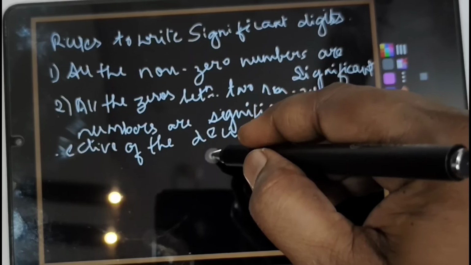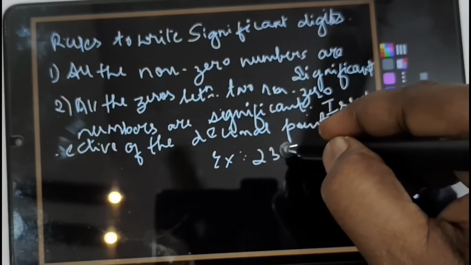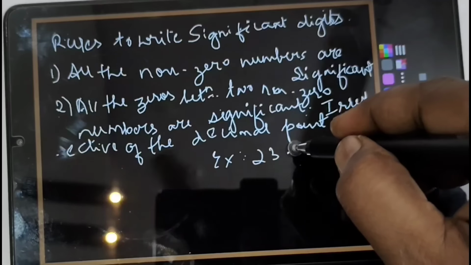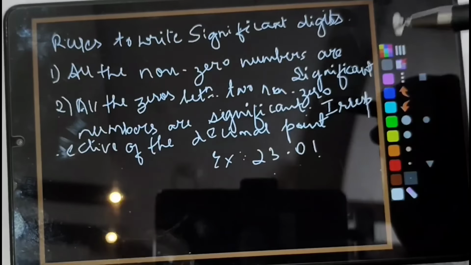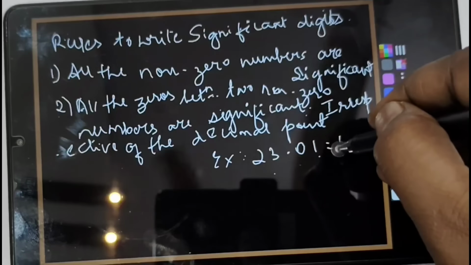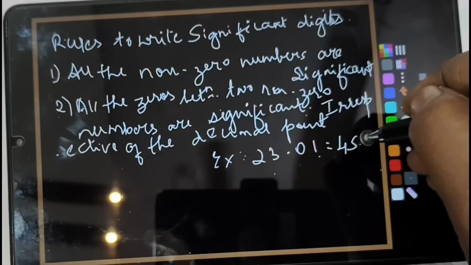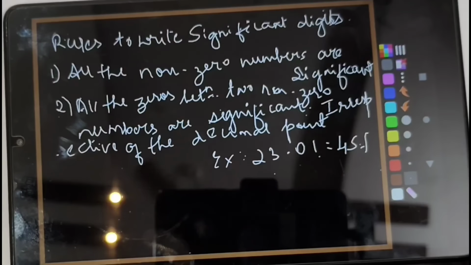So for example, 23.01. So 0 is in between the non-zero numbers. So here there will be 4 significant figures, or you can also write it as significant digits.